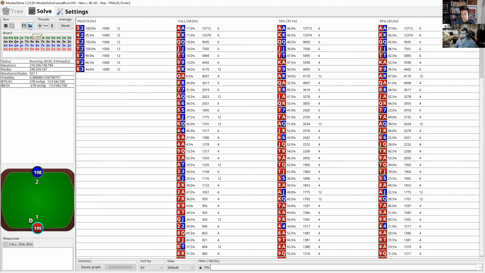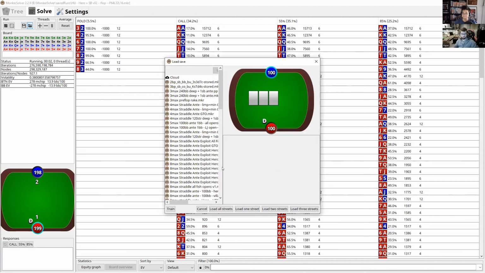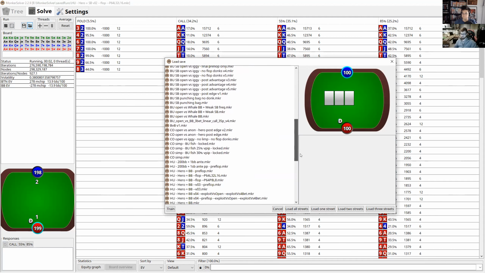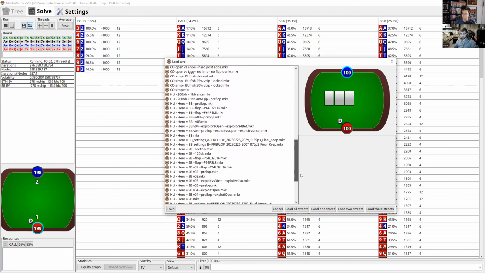Some of them won't be EV mistakes; they might be frequency mistakes. But even then, if the frequency of a particular action is zero, that's the main thing, that you've made a small EV mistake. Yeah, I'm generally finding that the EV mistakes I do make are on later streets.